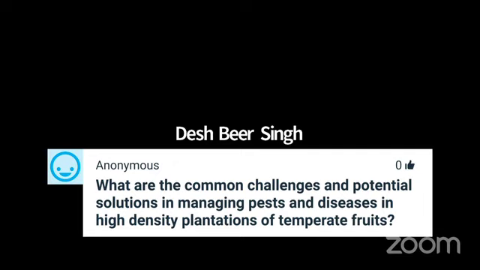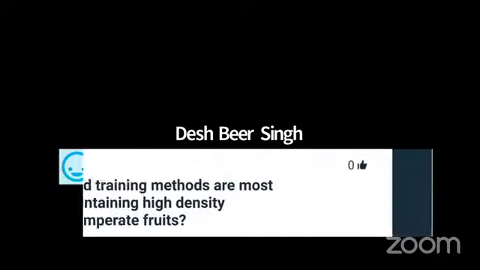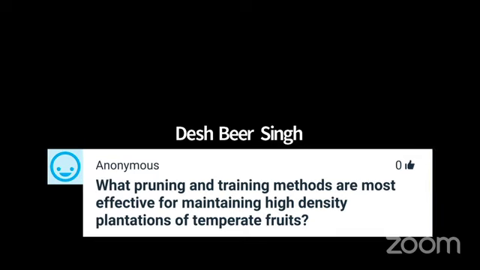Okay. And what pruning and training methods are most effective for maintaining high density plantations of temperate fruits? Yeah, in the case of temperate fruit, particularly stone fruits, we go for pruning in the month of November, and in the case of apple and plum, we go in the month of December, up to December 10th.